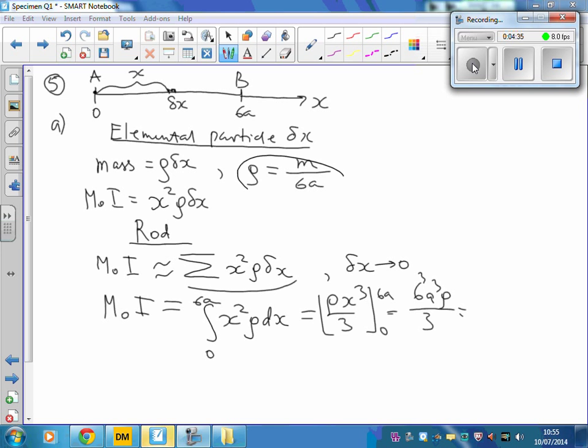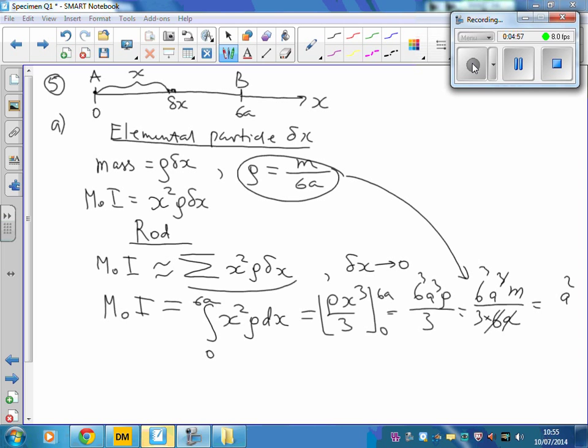Now, if we substitute the expression for ρ, we'll have 6 cubed a cubed m over 3 times 6a.